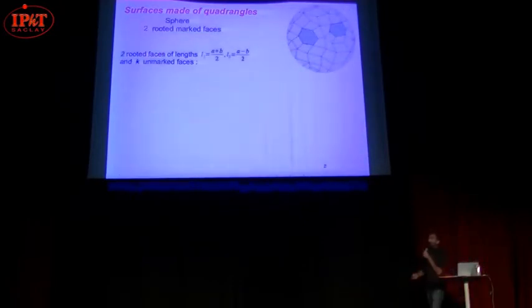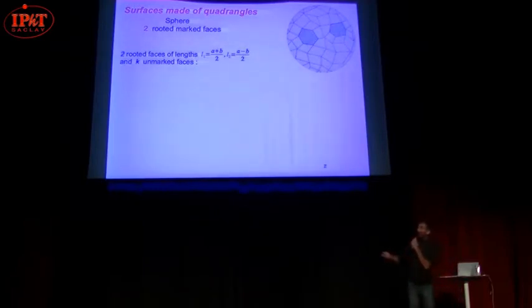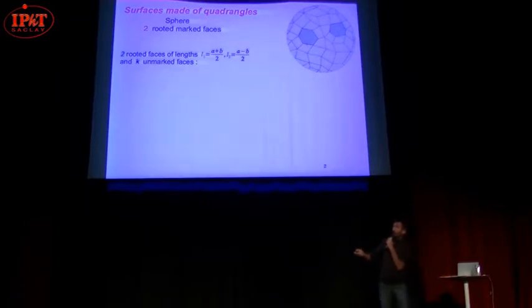So now let's go to the next case, where we want to count the number of quadrangulations of a sphere with now two special marked faces, each having a special arrow on one of its sides. It's easy to see that the lengths of the two faces must have the same parity, and it's better to parameterize them this way: L1 is (A plus B) over 2, L2 is (A minus B) over 2.